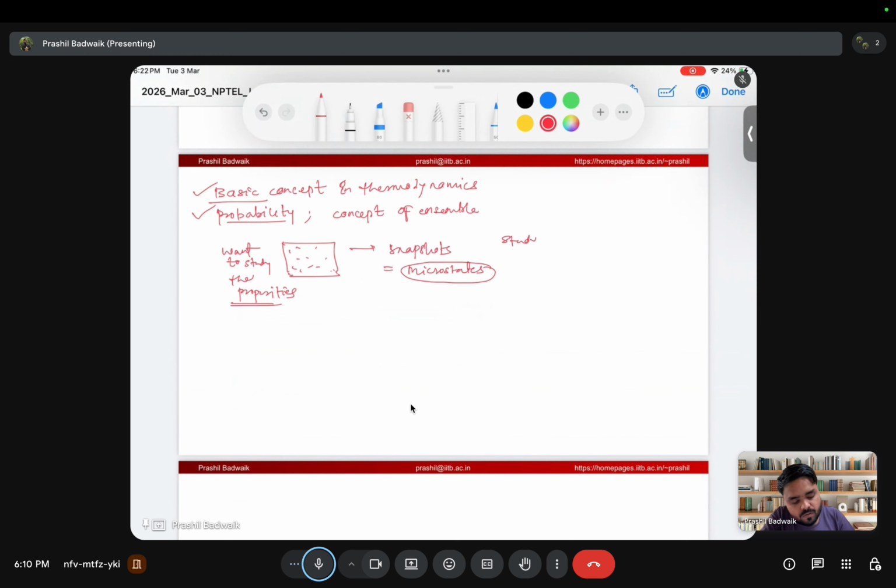study the system using a probabilistic approach, probability, right?